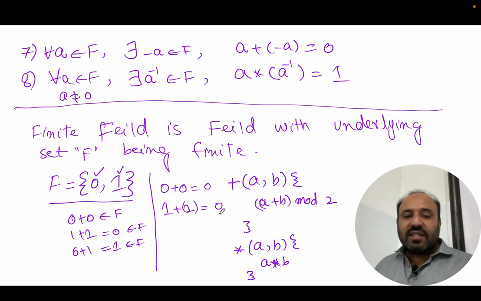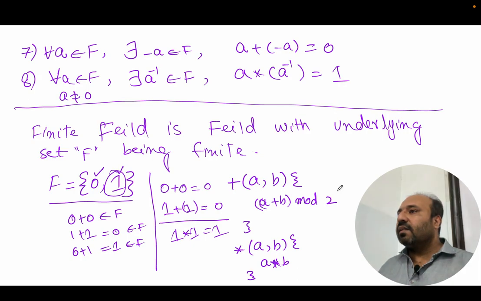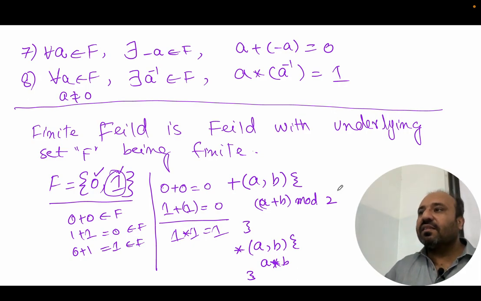So the additive inverse is there. Multiplicative inverse for non-zero elements. The non-zero element is this. So the multiplicative inverse of 1 is 1. Yes? So this is a field. Make sense?